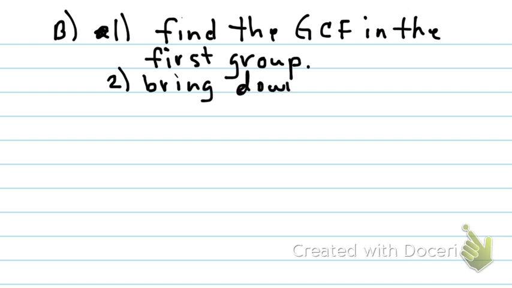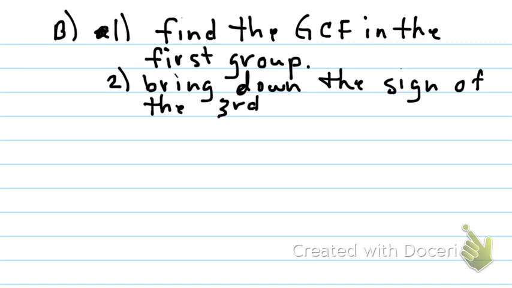Second, bring down the sign of the third term. Whatever that sign of that third term is, just bring it straight down. You're going to need it in your factoring. Okay? Nobody ever told me that.